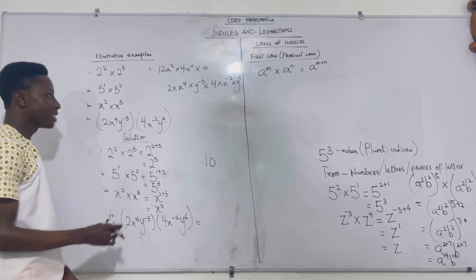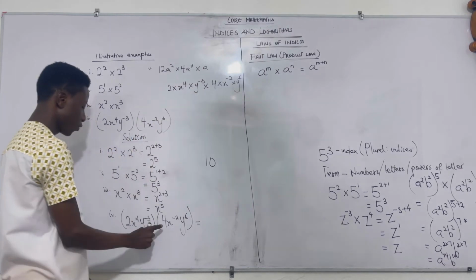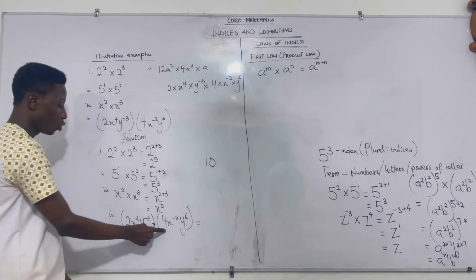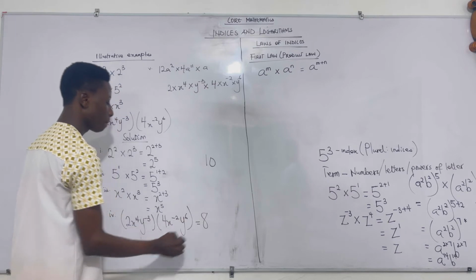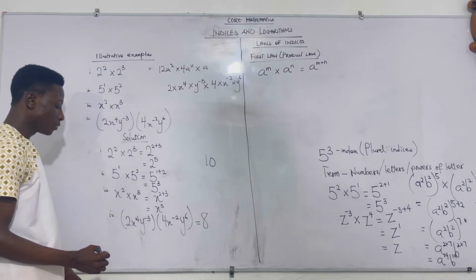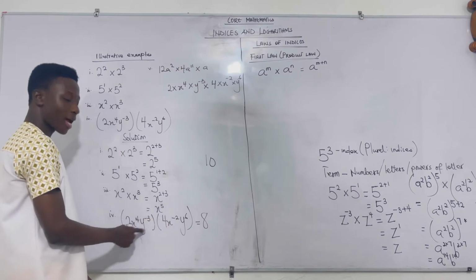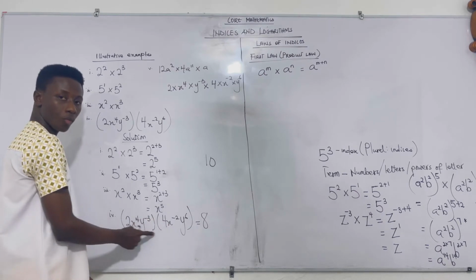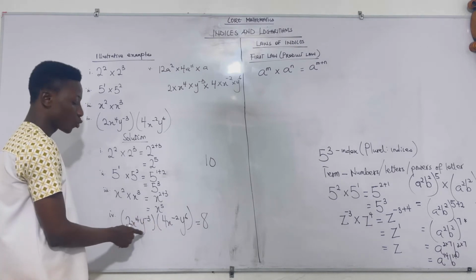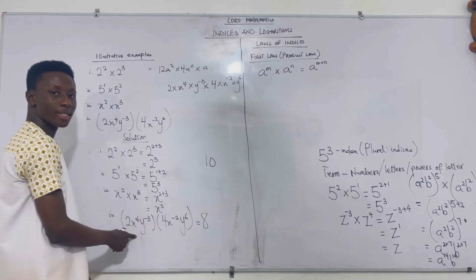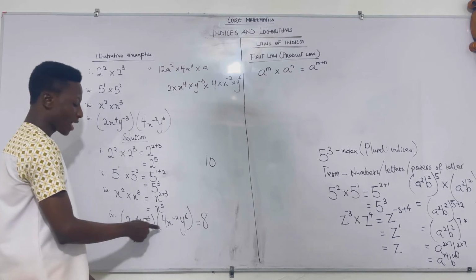So what next? The numbers will multiply themselves. So 4 will multiply the 2, making 8. And now you realize that there are some variables that are the same. Variables are letters that are used to represent numbers. That is what we said when we were discussing algebraic expression.